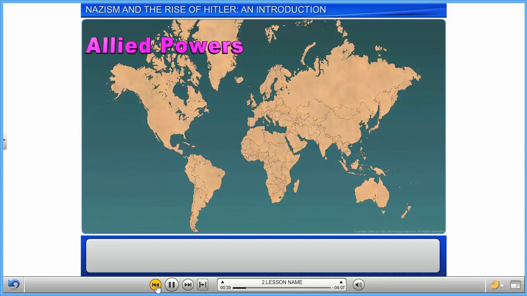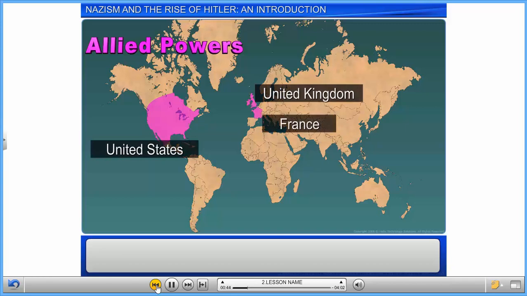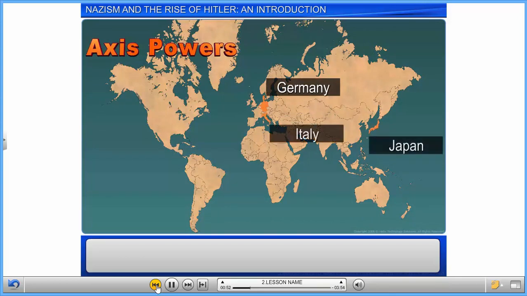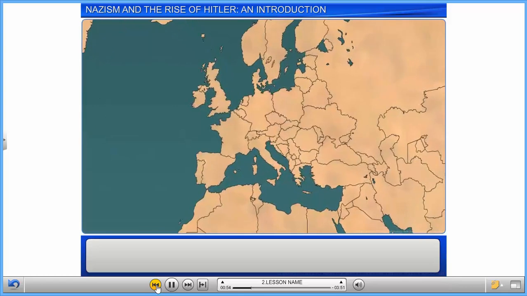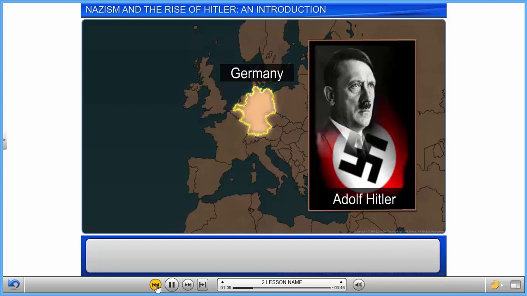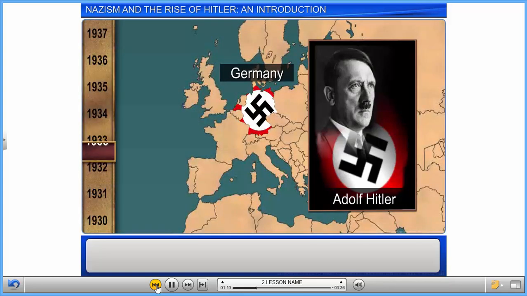The Allied powers were led by the United States, the United Kingdom and France. The Axis powers were led by Germany, Italy and Japan. At the heart of the conflict was Germany, led by Adolf Hitler and his National Socialist German Workers' Party, or in short, the Nazi Party. When Hitler's party came to power in 1933, everyone started to refer to Germany as Nazi Germany.